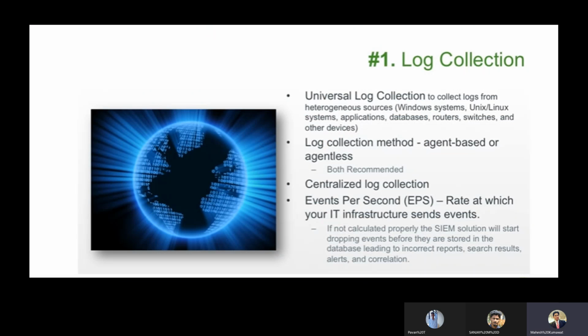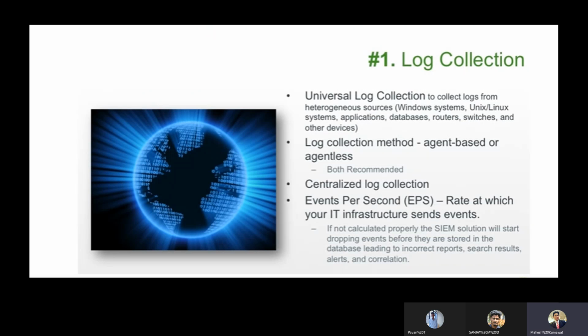Okay. Then we talk about what happens inside the SIEM solution. The first thing that happens is log collection. Log collection means that you are getting the logs from routers, switches, databases, applications, and then they are collected in a centralized system. The log collection method is agent-based or agentless, so we use both for centralized log collection.